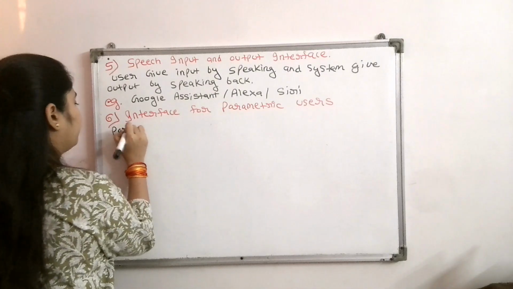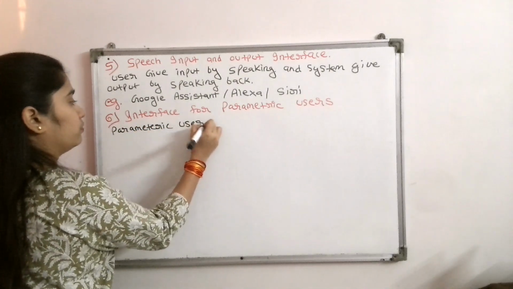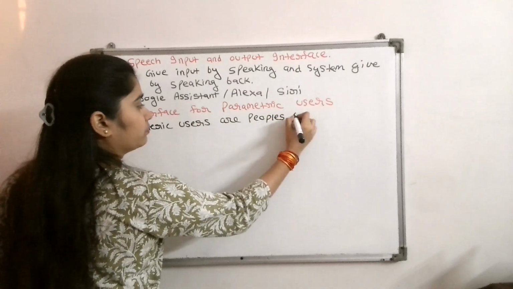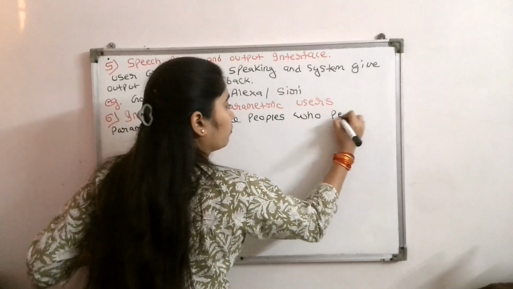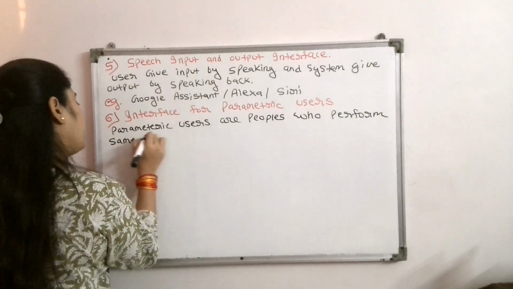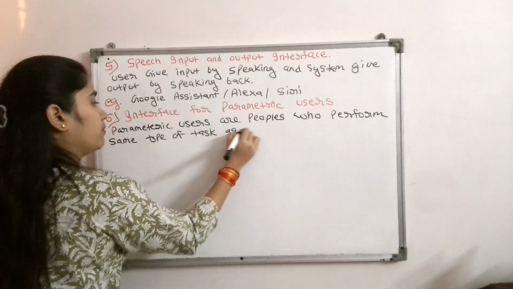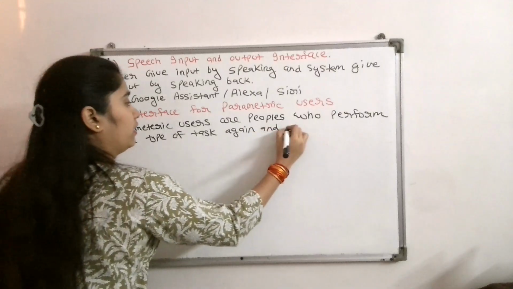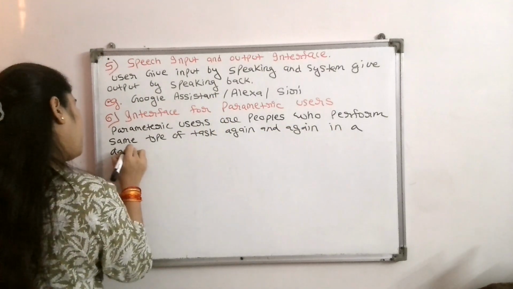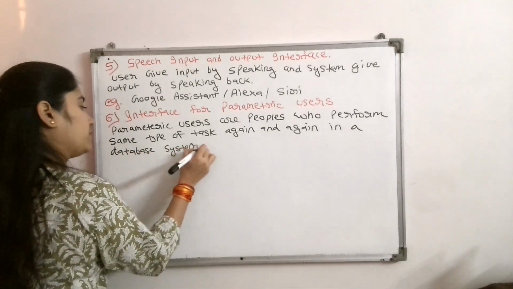Parametric users are people who perform the same type of task again and again in a database system.